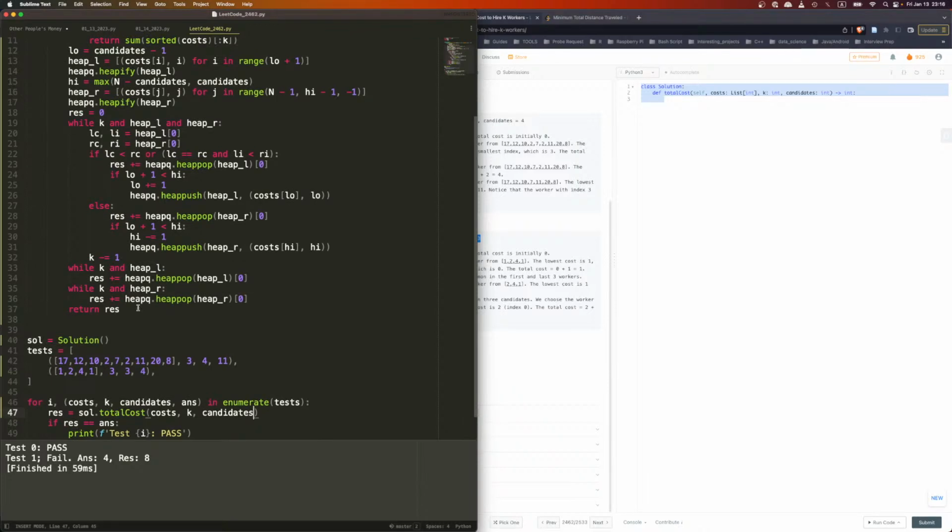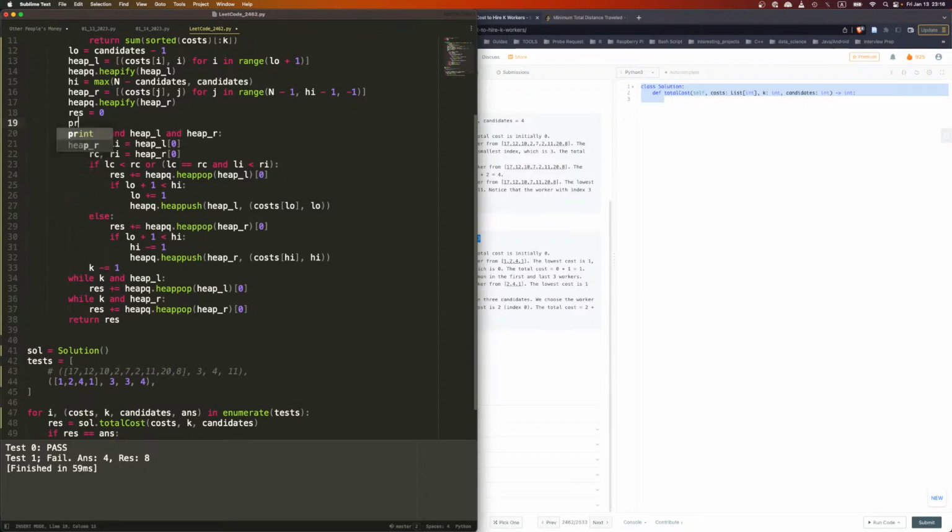We start with 3, the other one only got 1. Yeah, the other one should only get 1. I don't understand. Hold on. Let's take a look. What is the heap L and heap R?